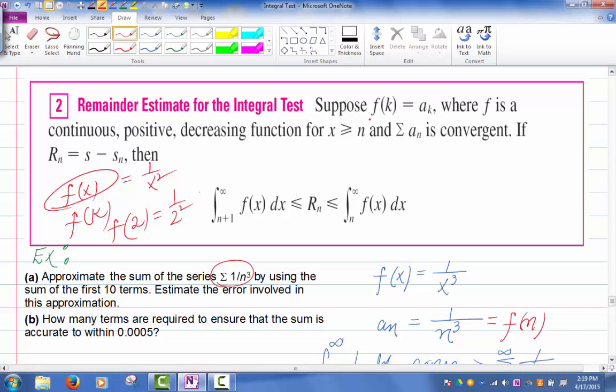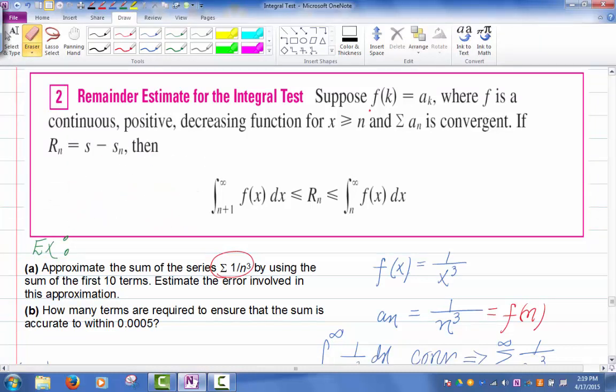So I am looking at the values of the function f at only the positive integers to come up with the series. The terms of the series are given by the values of the function at the positive integers. That's what we're saying. Let me give you an example, maybe that's going to clear it up. So let's look at an example of this.